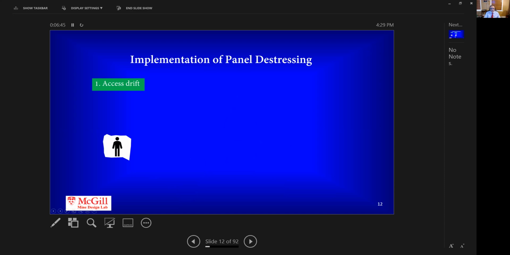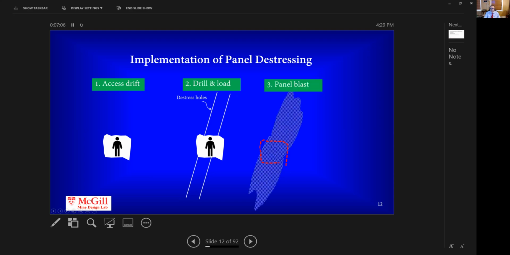For the implementation of this type of application, panel distressing, you have to find an access drift outside the area of interest, i.e. the ore body. From that access drift, you drill and load, mostly in a fanning pattern, a couple of rows of distress holes, and blast to create a completely fragmented panel of material.